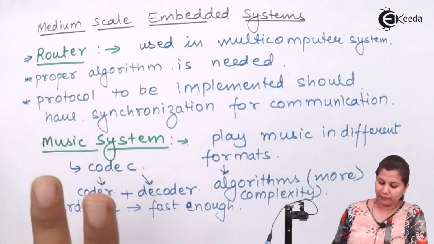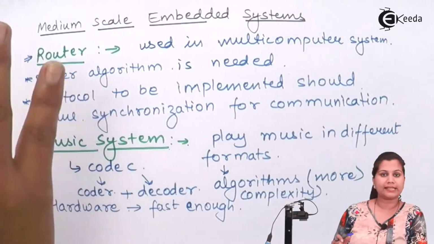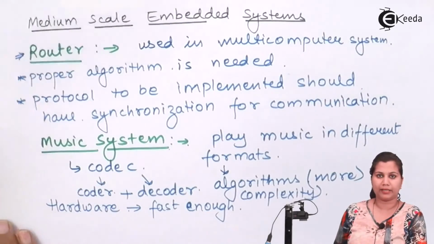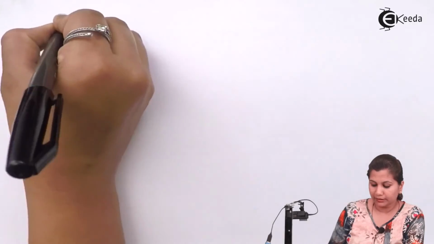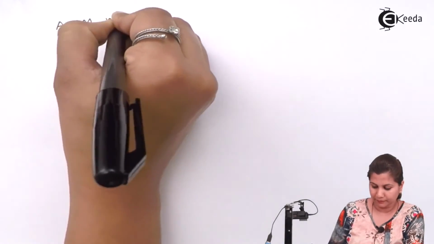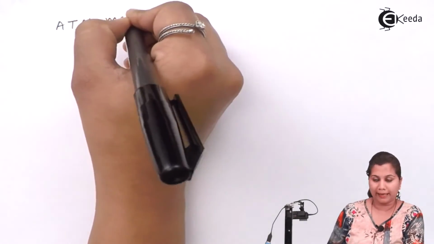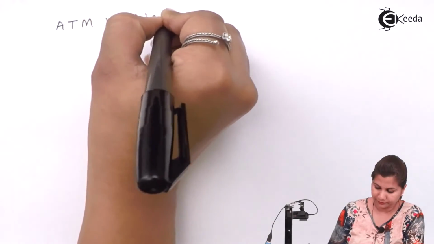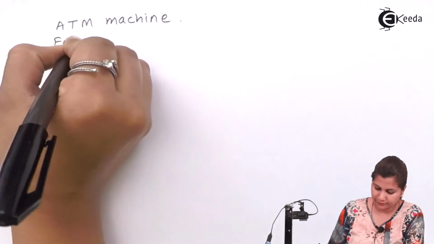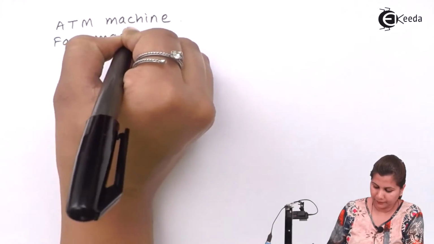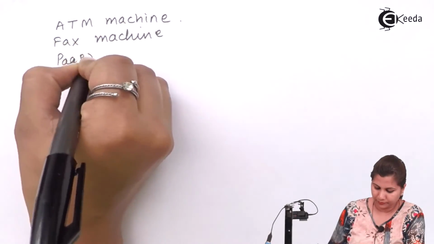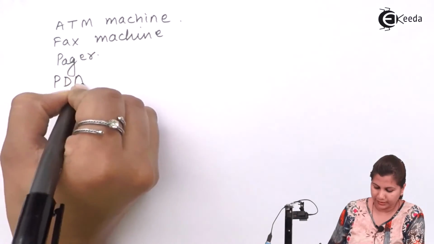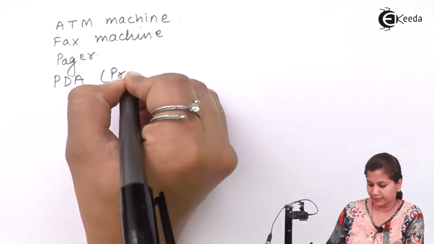So the router and the music system are examples of medium scale embedded systems. Some other examples of this system are the ATM machine, which is used for banking transactions, the fax machine, pager, and PDA, that is the personal digital assistant.